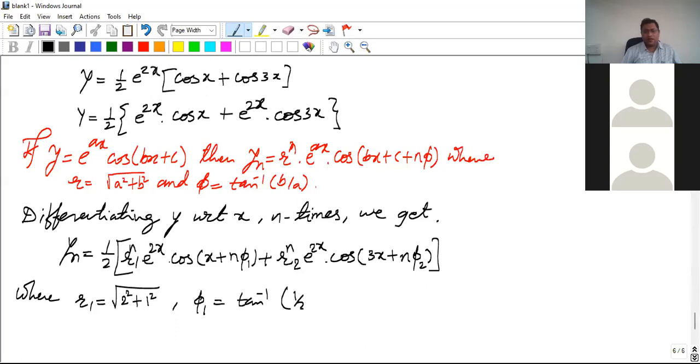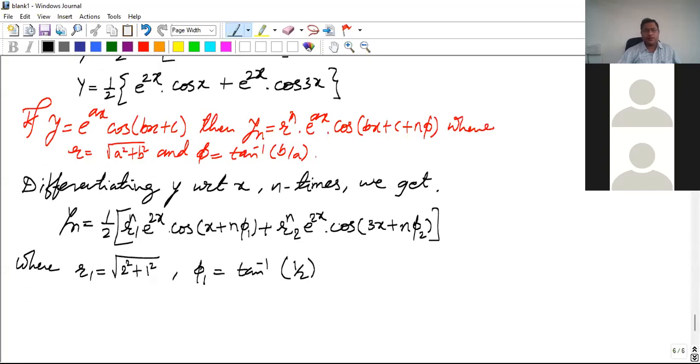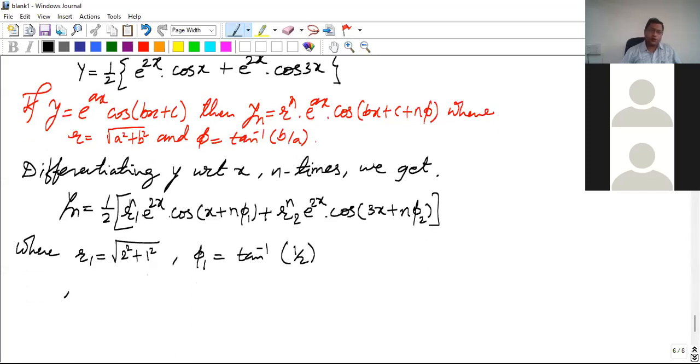Then r2 is equal to square root of 2 square plus 3 square, and phi 2 is equal to tan inverse of 3 by 2.